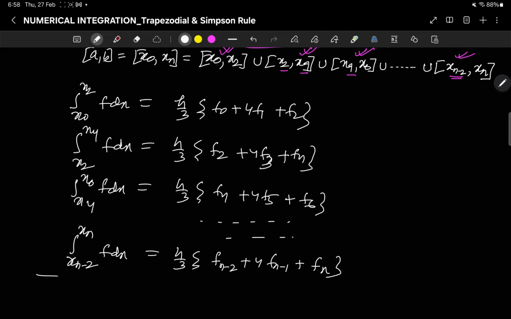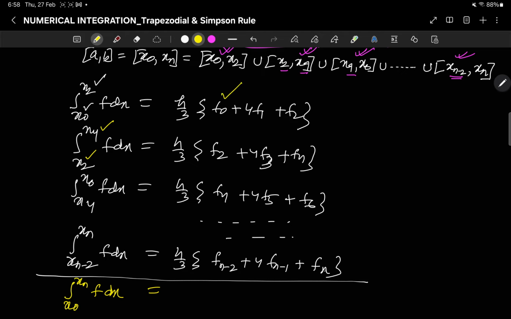Now if you take the union of these, x0 to 2, then 2 to 4, and sequentially, x0 to xn f dx will be, if you add it, f0 is single, fn is single, and f2, f4, up to fn minus 2 are double.